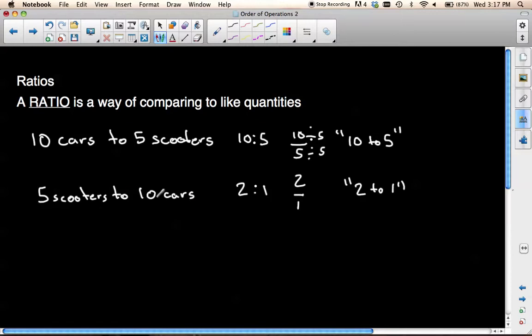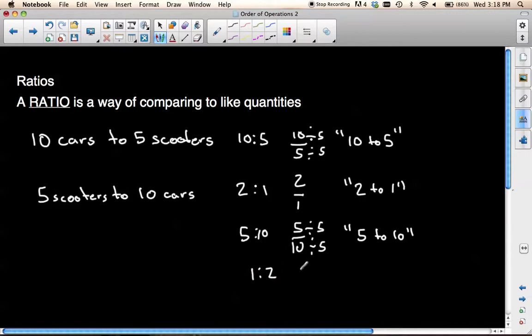My ratio would be written as 5 to 10, or 5 over 10. These all mean the same thing. And again, I can reduce it just the way I did up here. If I divide by 5 and by 5, my ratio in this case is 1 to 2.